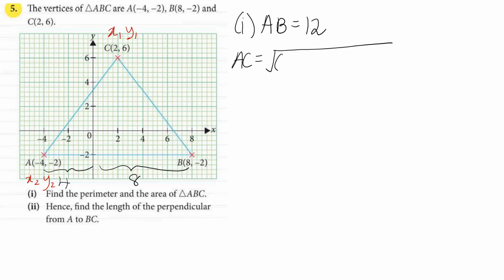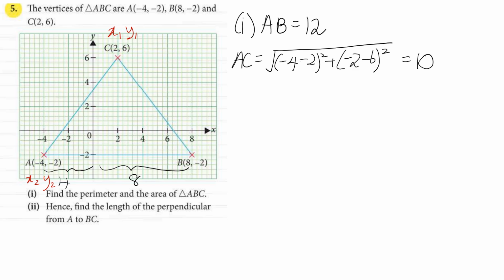That will be negative 4 minus 2 squared plus bracket y2, negative 2 minus 6. If you're not too sure about the substitution, please remember to write down the formula. Then we're just going to simplify it using your calculator, and you have 10, a whole number.